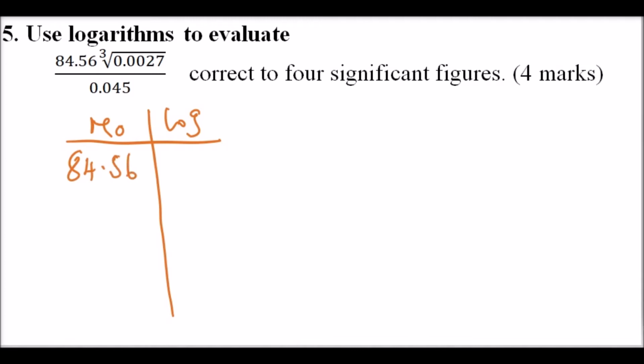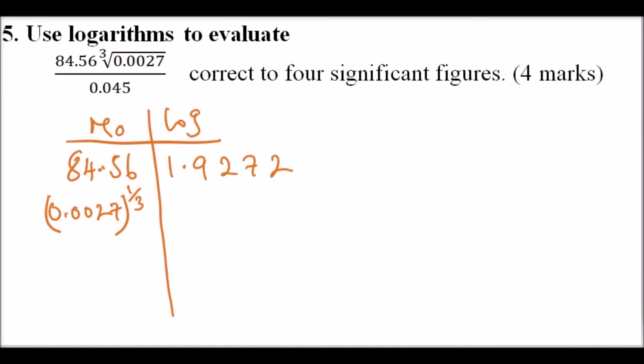84.56. We move the decimal place to the left, so we get 1, and then we get the logarithm of 8.456 from the tables, which is 9272. Then we have 0.0027. The cube root is the same as raised to a third.